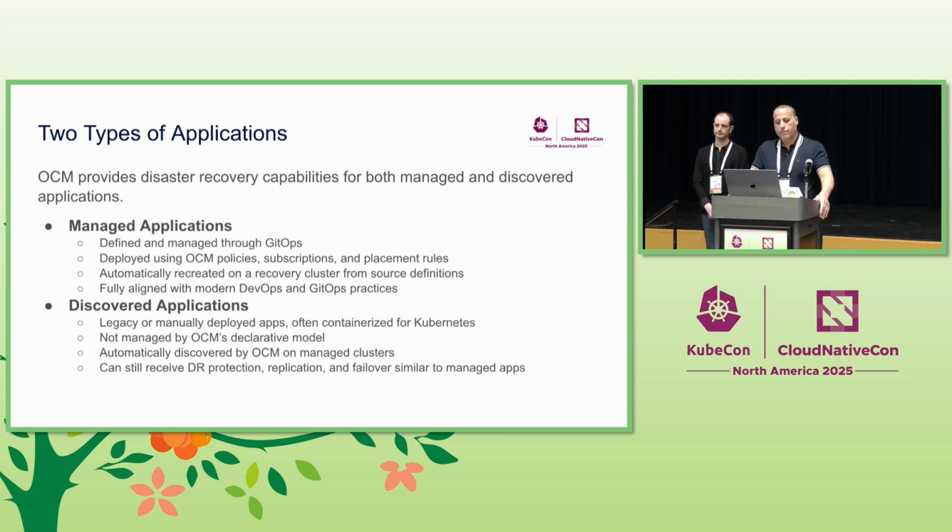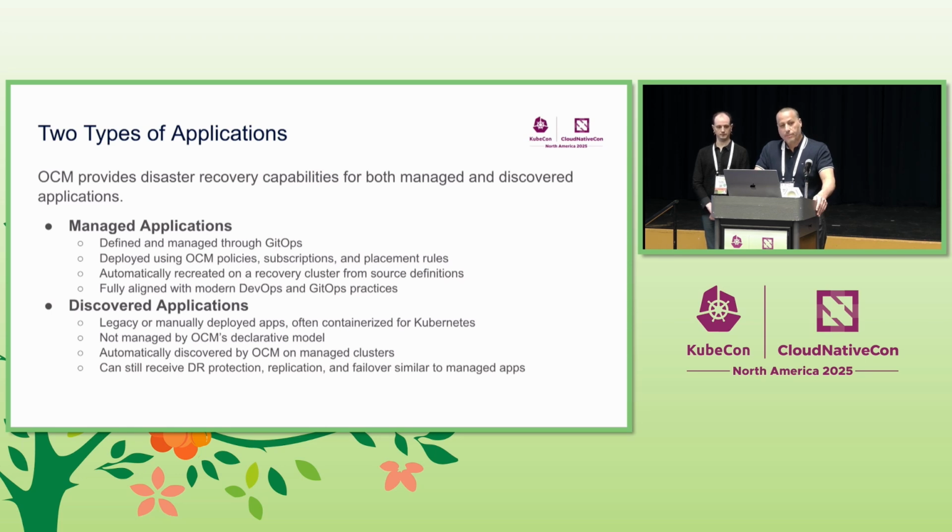The difference between managed application and discovered application is that for managed applications, Raman and the DR solution are only going to protect the persistent volumes, and because of the declarative nature of this application, OCM is going to deploy those artifacts when a failover occurs, right?